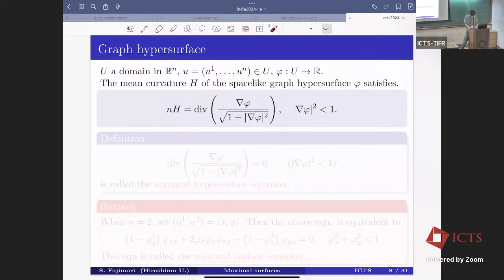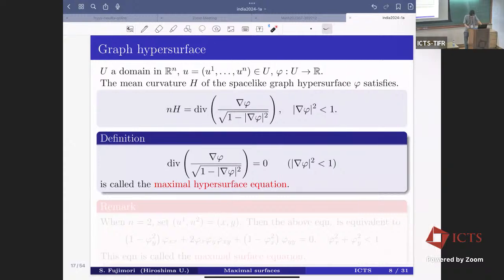Okay. So this is just gradient-like vector analysis. In the Euclidean space case we have plus here, but in this case we have minus here. And this is equivalent to the graph being space-like. Okay.